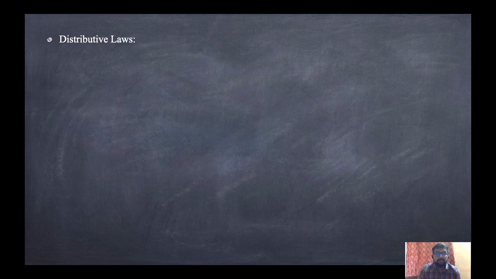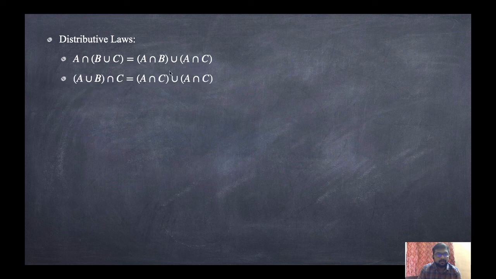Next, distributive law. Here, A intersection (B union C). As its name suggests, we will distribute it into two parts, like this: A intersection B, this will be in the middle, union A intersection C. In the same manner, A union (B intersection C) equals (A union B) intersection (A union C).